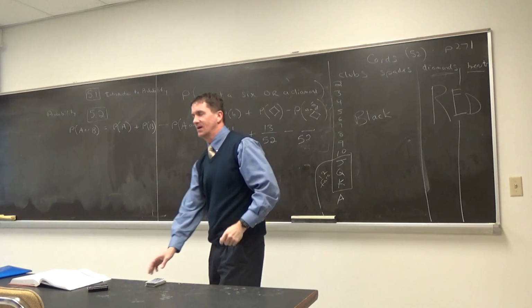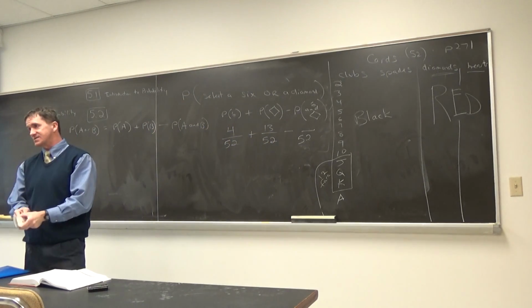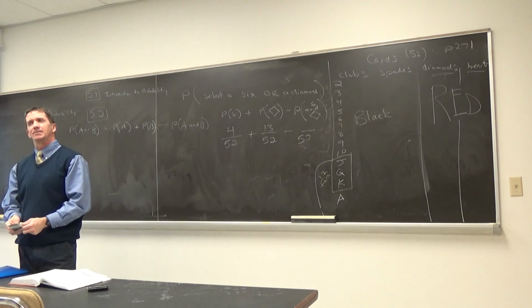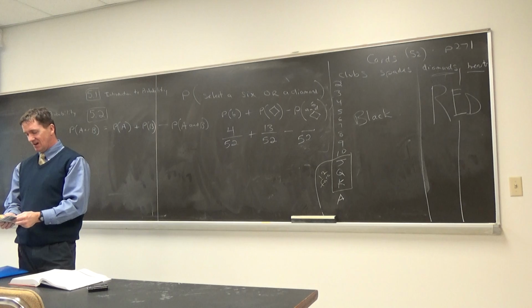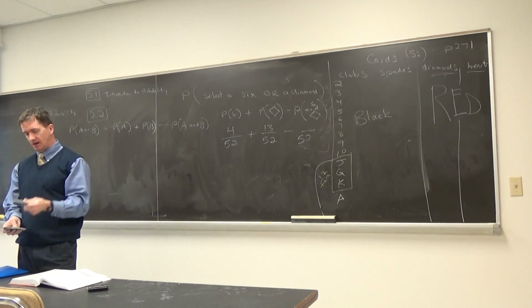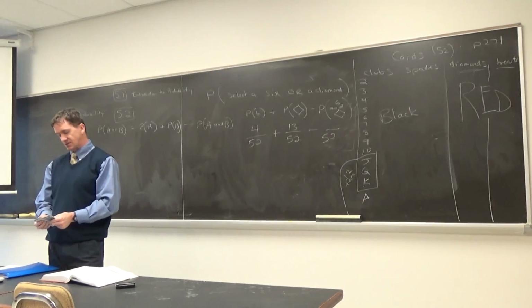How many cards in that deck have a 6 on it and a diamond at the same time? There's not many. Just one. Can I find it? Well, I found the 6 of clubs. There's a 6 of hearts.